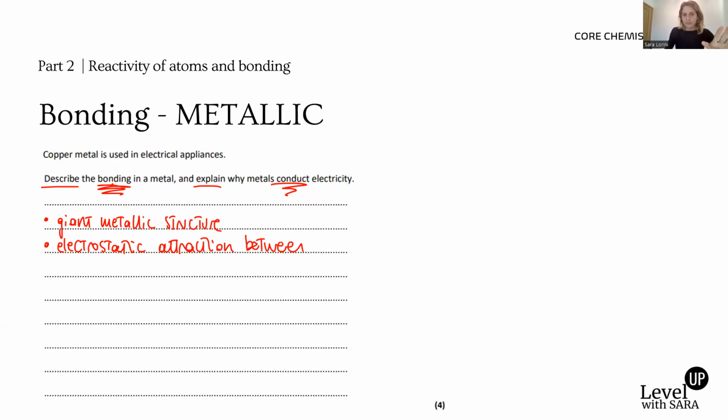Those are all the bonds, and then it changes with the type of bond. So it's between the positive metal ions and the delocalized electrons.